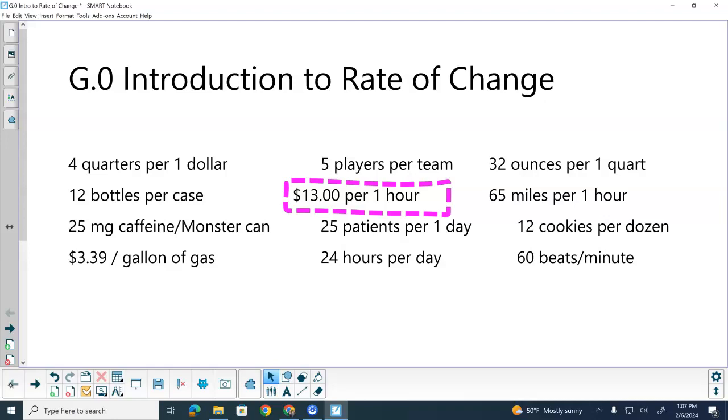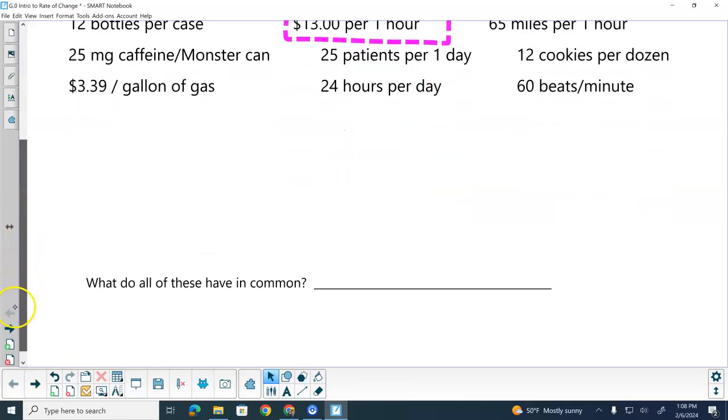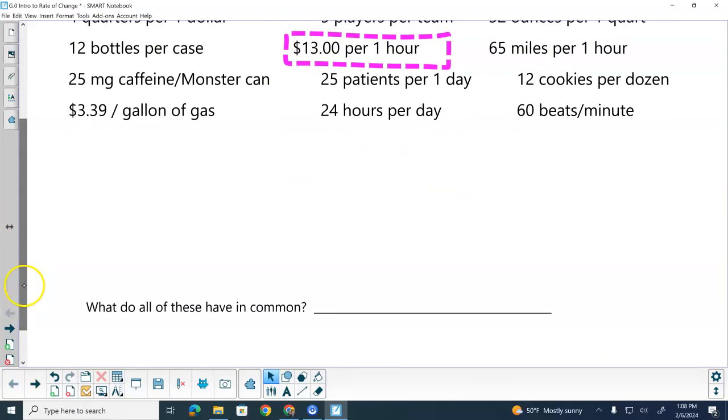We're not adding them, not subtracting, not dividing. We're not converting them. We're comparing them. Yep, we're comparing two things.